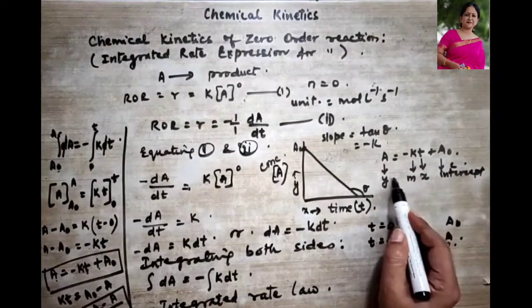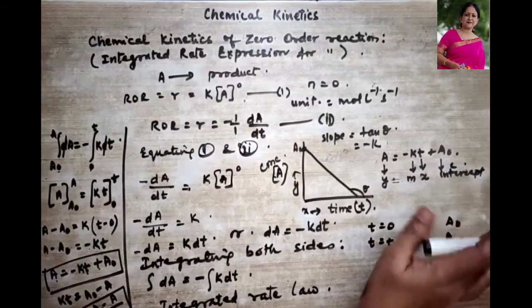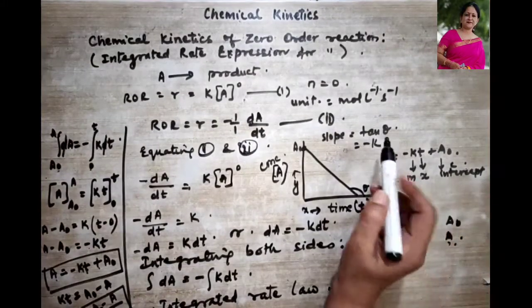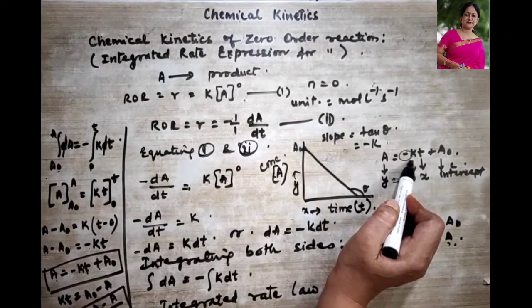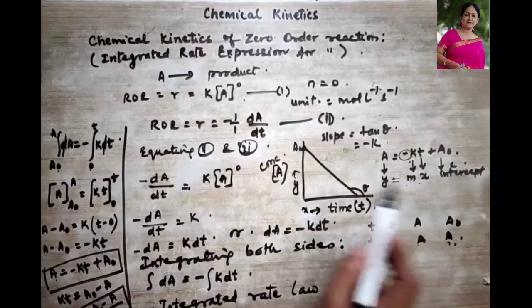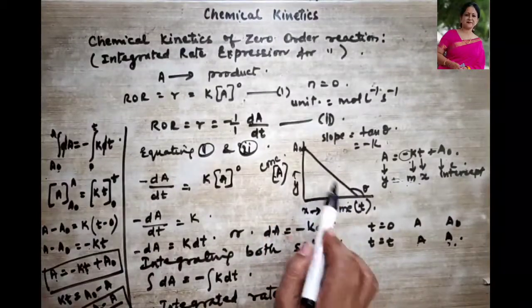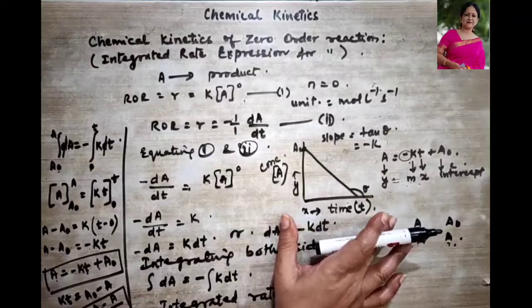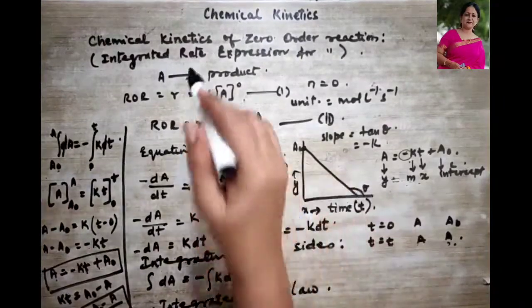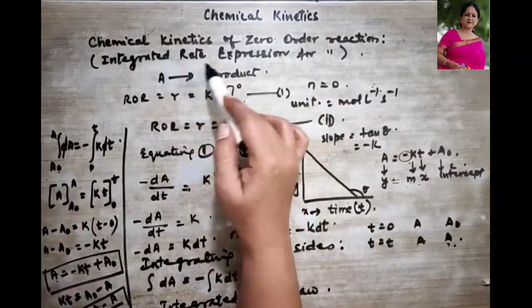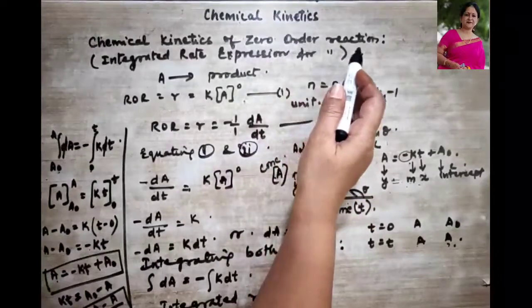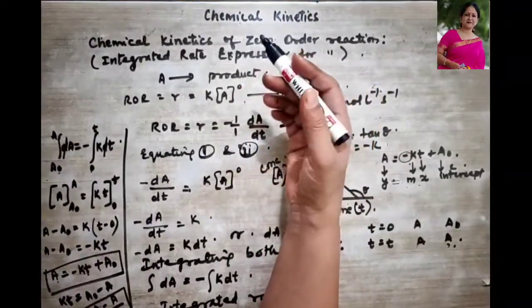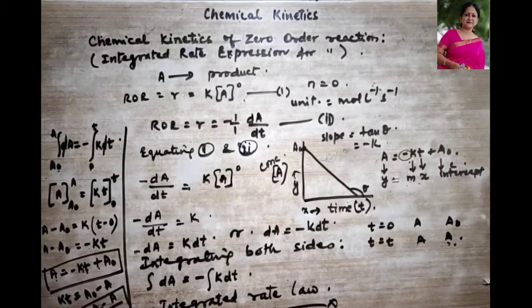So y is equal to mx plus c. I hope this is clear. And what about this negative? It is a negative slope, right? So y is equal to mx plus c. What does that mean? It means that it is a straight line. Clear? This was all about the chemical kinetics of zero order reaction, or the integrated rate expression for the zero order reaction. About first order reaction we are going to discuss tomorrow. Till here we do today. Thank you.